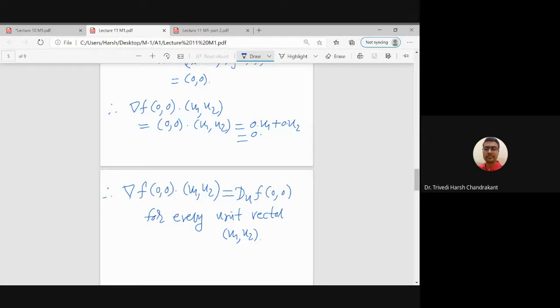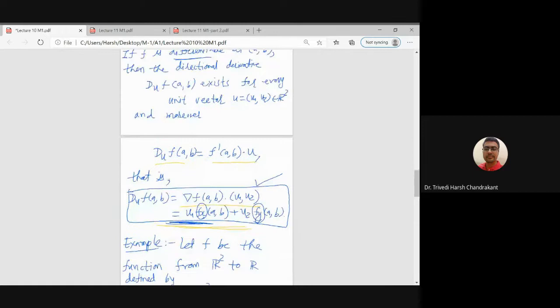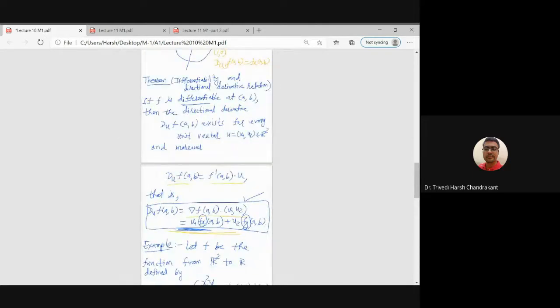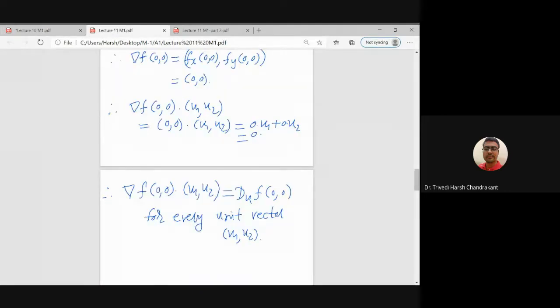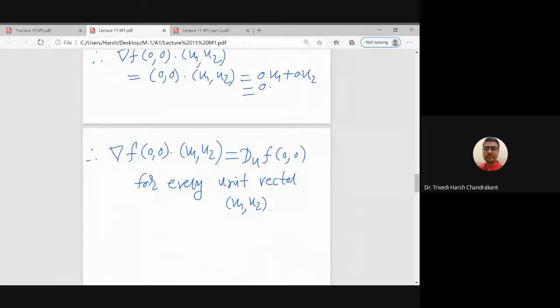So now what we need to check, let us go to the theorem. The theorem says that if the function is differentiable, then this equation is satisfied. So if the converse is true, then the function must be differentiable. Let us see whether the function is differentiable for this particular example or not.